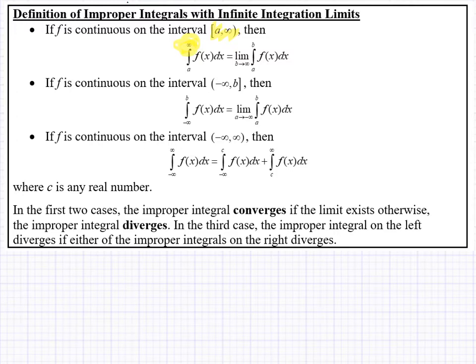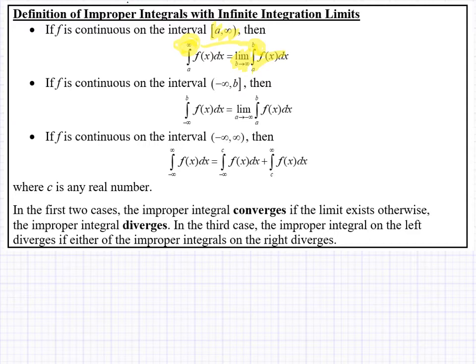For us to apply the fundamental theorem, we have to take infinity out. So I'll replace infinity with b, and I can do the integral from a to b of f of x dx using the fundamental theorem. After I integrate, then I'll let b go to infinity by applying this limit. And this is how we can basically take an improper integral and apply the fundamental theorem to it.